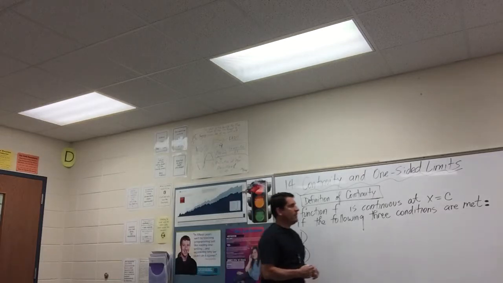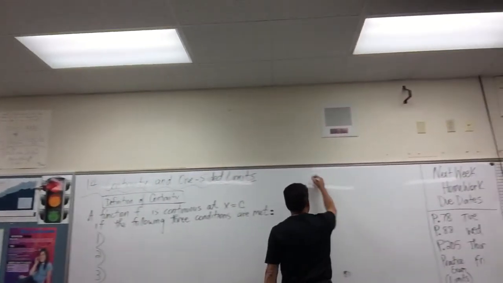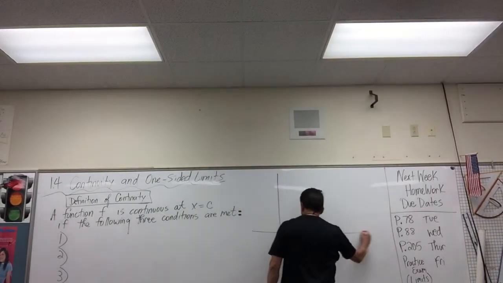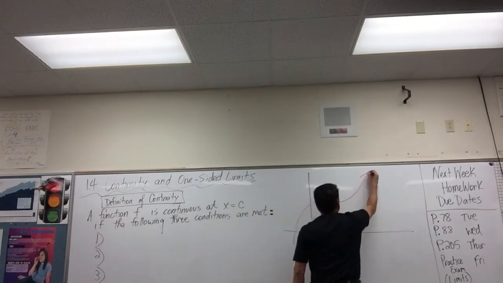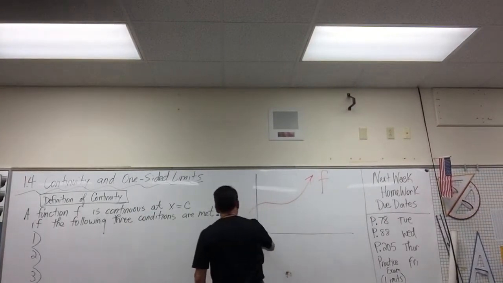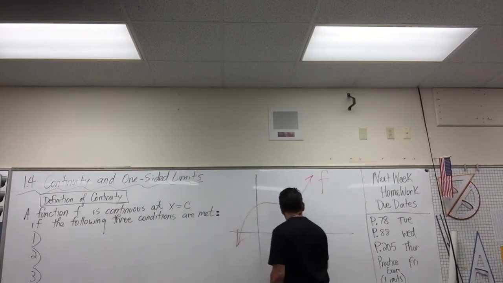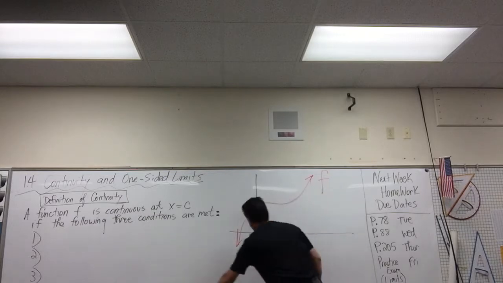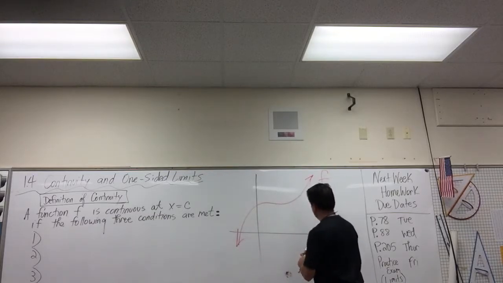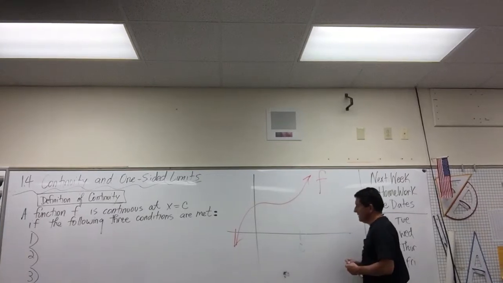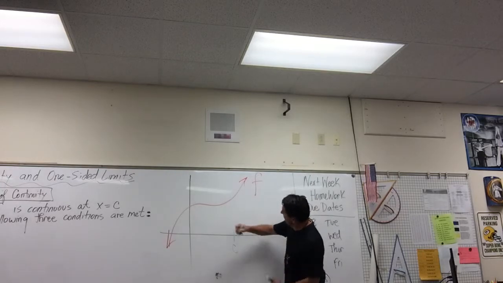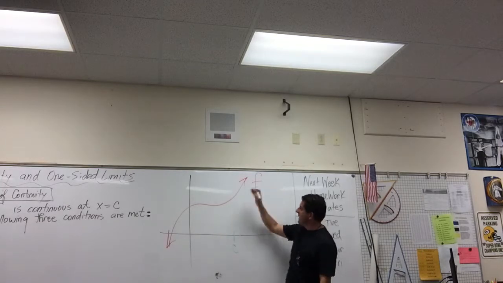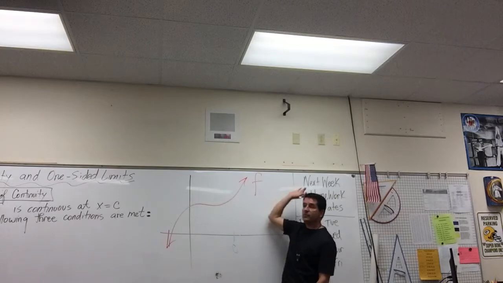So let's stop and think about what it is that we're looking at. If I have some random function, I'll call it f, and we're going to look at it at some value of c. Okay? So some value of c that we're looking at. And I can look at this graph and say, yes, this is a continuous function.